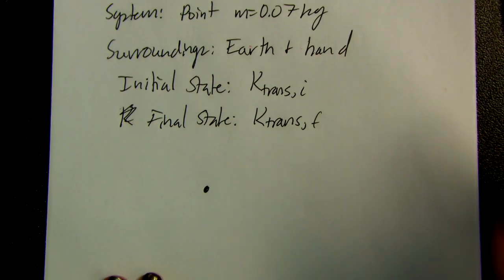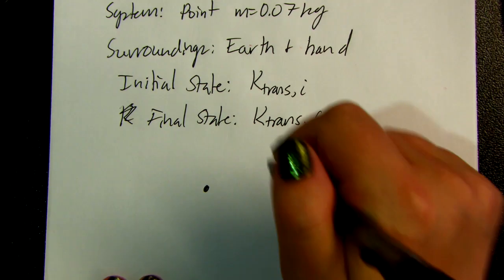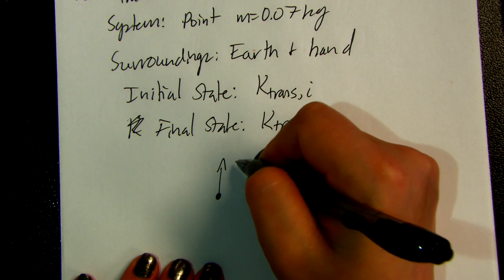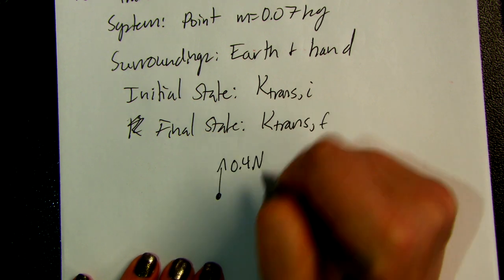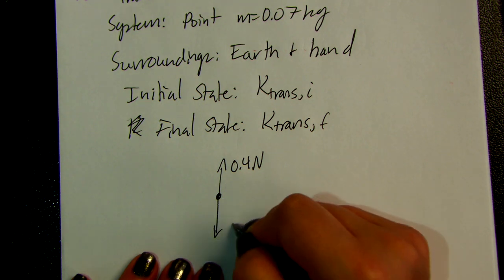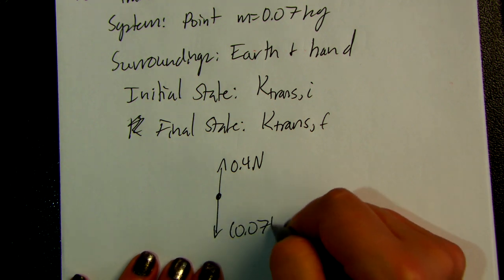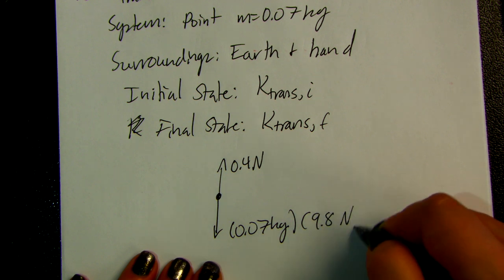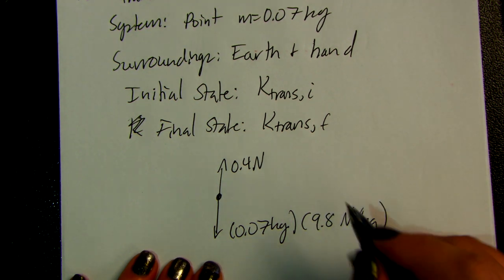Okay, so, because yo-yos typically, when you get to that point, they're already in motion. Okay, so looking at this, you're going to have 0.4 newtons from the hand, and then you're going to have mg going down. So that's 0.07 kilograms times 9.8 newtons per kilogram.